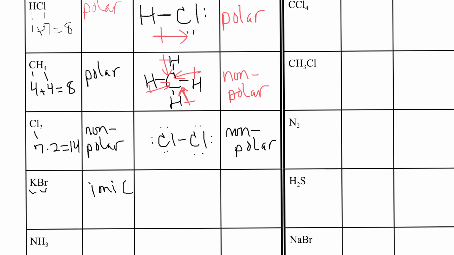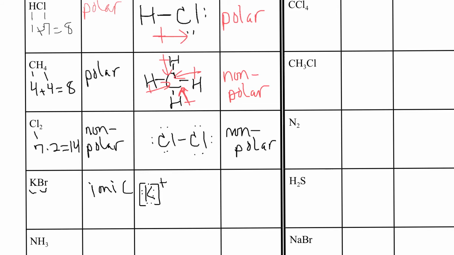So when we draw our structures for ionic compounds, remember that the Lewis dot structures show that we should have a full valence shell, and that's because potassium lost its 1 valence electron. Right? We started off with, it was in group 1A, so it had 1 valence electron, but then as it lost it, it went down to the lower energy level.